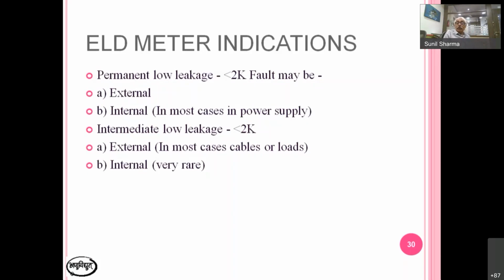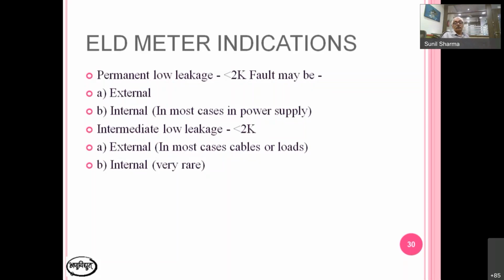There are 55 batteries in a 110 volt system. So which battery is leaky? Maybe 4, 5, 6 or 10 batteries are leaky. Method number 1 is to check the insulation of each battery. Method number 2, just wash them.